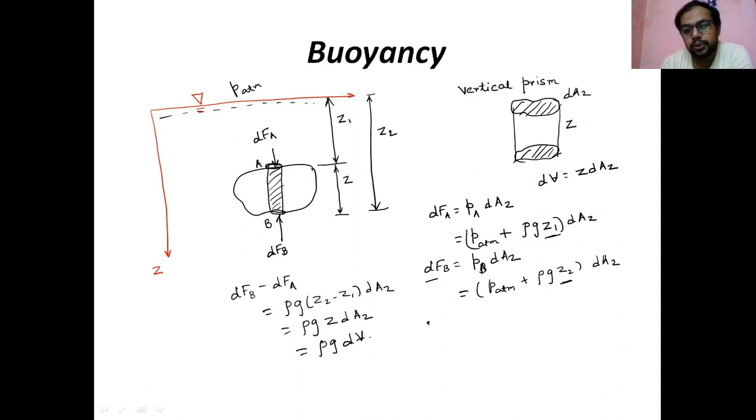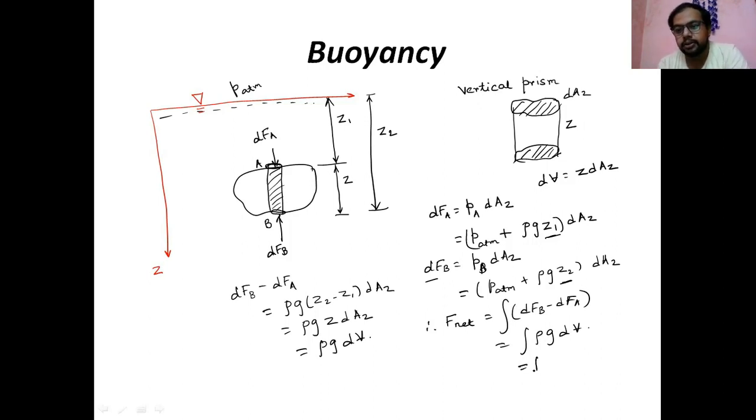So the total net upward force, that is nothing but dFB minus dF1, will be rho G times the volume. Rho and G are constants because the volume you have considered is an arbitrary volume, so rho G does not depend on it and will come out of the integration.